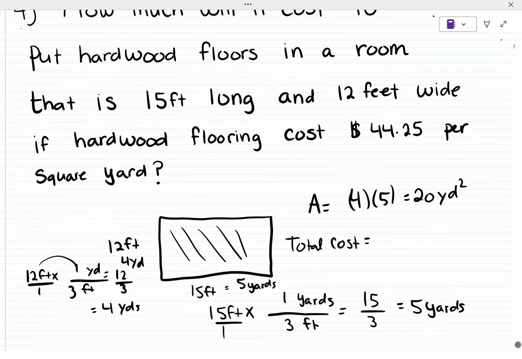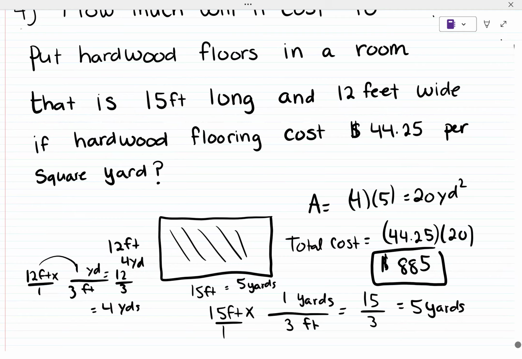Yes, we technically multiply it, not divide. So it's 44.25 times 20. And when you do the algebra, you're going to get 885.